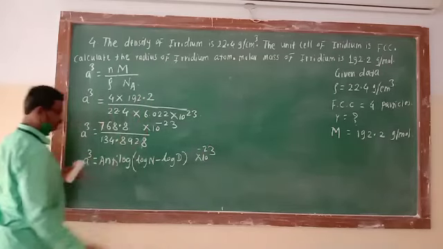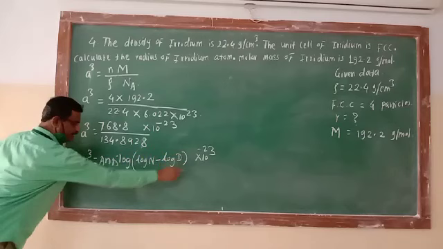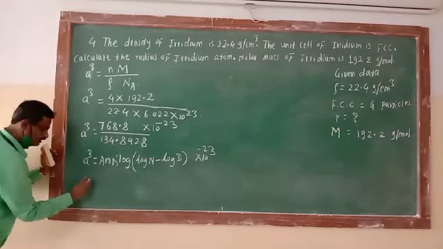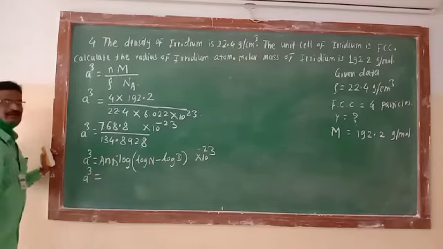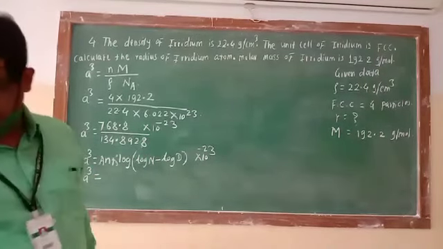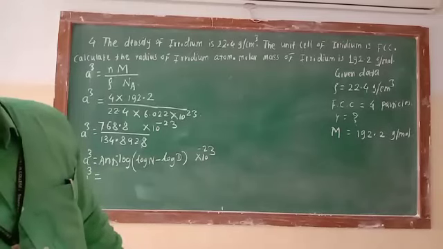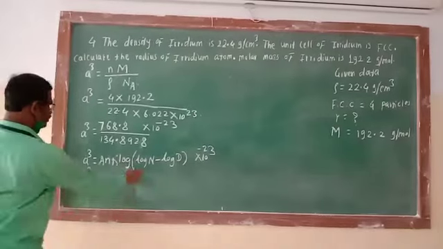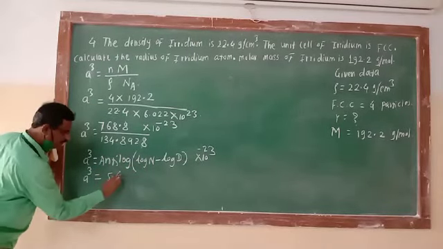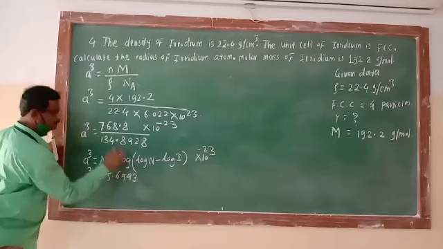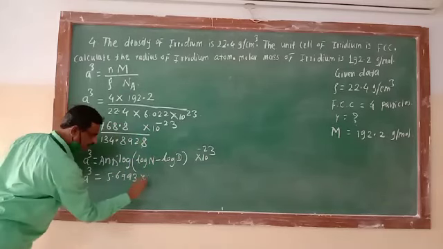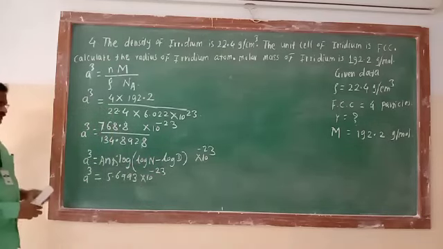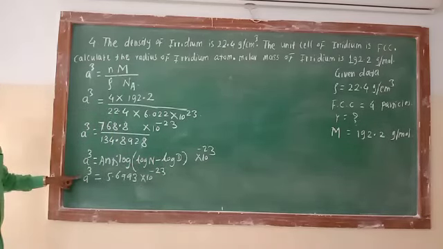If we solve this value, log of numerator minus log of denominator and then antilog, we will get a cube, and that answer comes equal to 5.6993 multiplied by 10 raised to minus 23. So this is a cube.